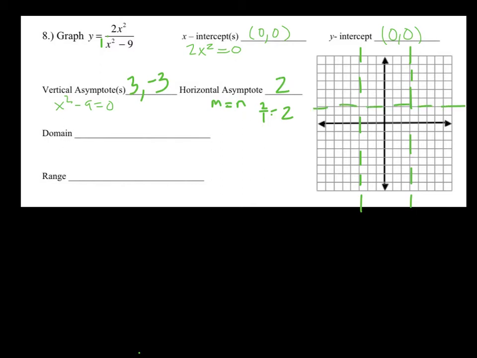So again, you can graph this in your graphing calculator to get the points. I know that (0, 0) will be a point because that's my x and y intercept. But if you do graph it, and remember, make sure the numerator and denominator are both in parentheses.